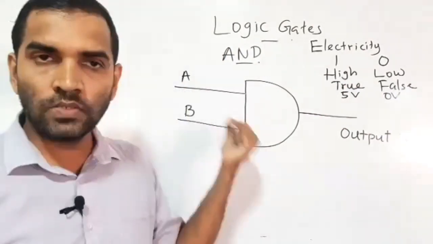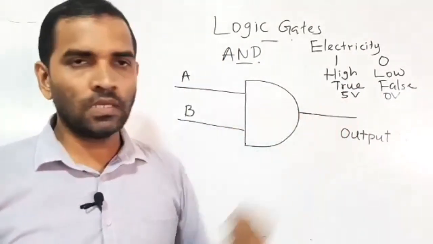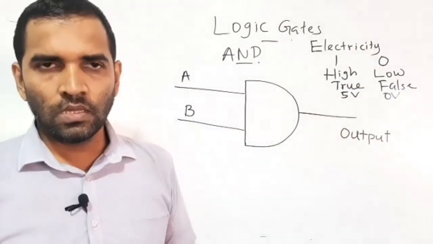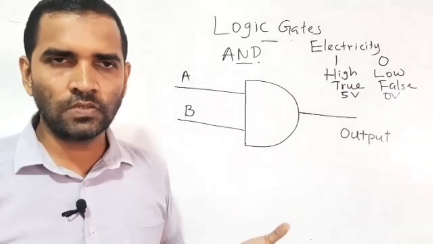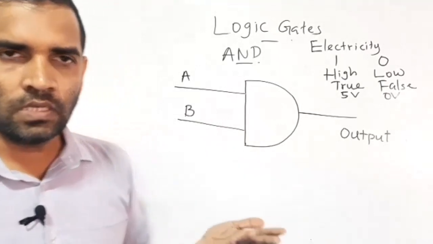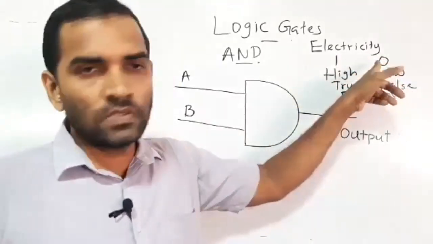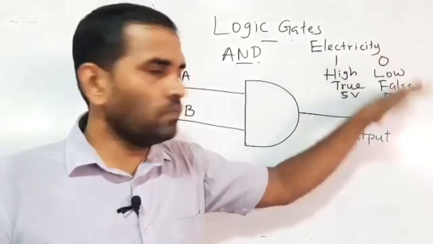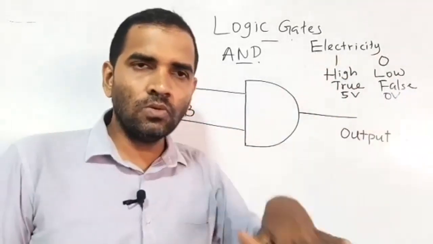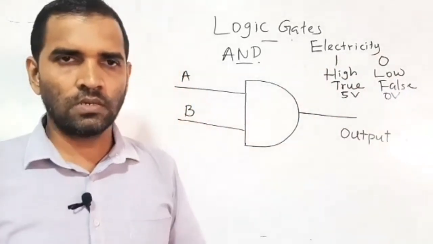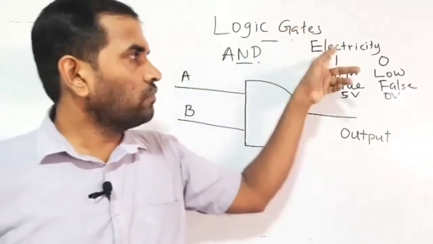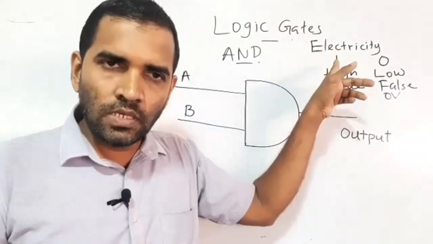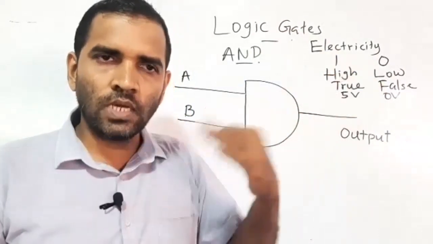So if a wire has electricity, that can be taken as 5 voltage. If a wire doesn't have electricity, assume wire B doesn't have electricity, we already mentioned 0, low, false. 0 voltage is also correct.